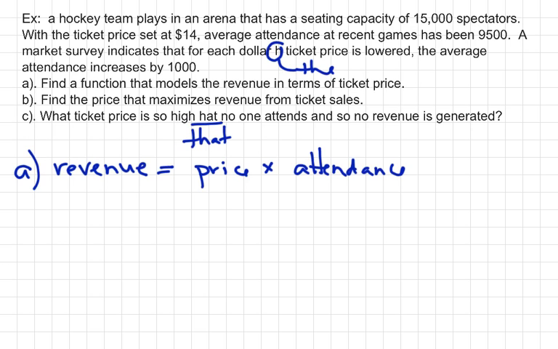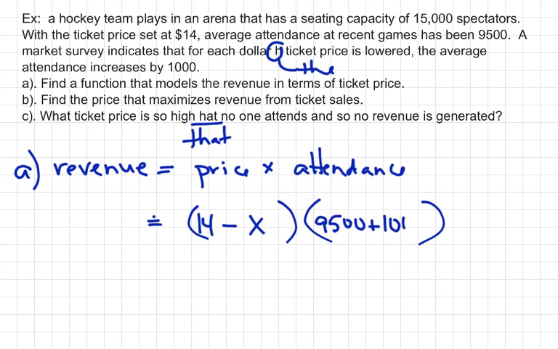Well, we want to change that ticket price, so let's start with this. Price times attendance. The price of the ticket was $14, and when the price is $14, we averaged 9,500 spectators. We want to lower the price by $1. Well, when that happens, we're going to add 1,000 people.